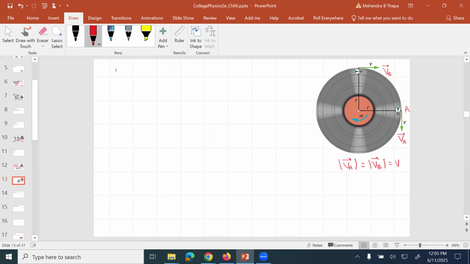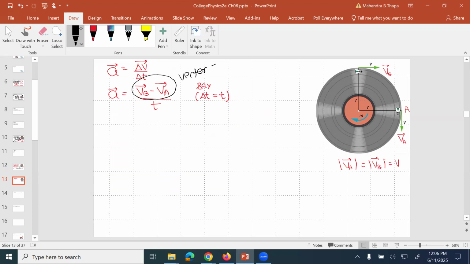Okay. So let's see here. We define acceleration as delta V over delta T. In our case, the acceleration vector will be V2 or VB minus VA over the time interval, say T. I just assumed the delta T time interval is equal to T. Be careful that this VB minus VA is vector subtraction.